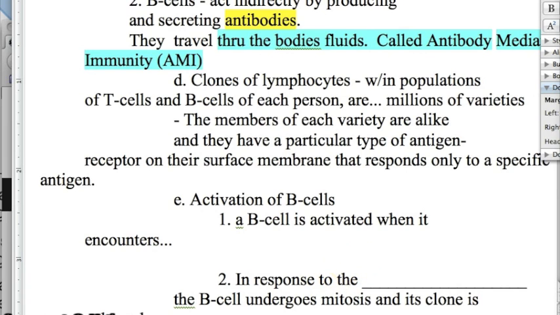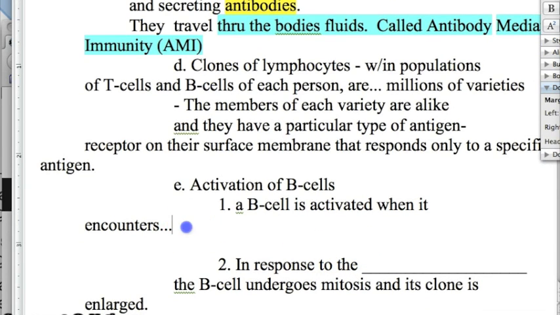So how do we activate the B cells? The B cells are activated when they encounter an antigen whose molecular shape fits the shape of the B cell's antigen receptor.